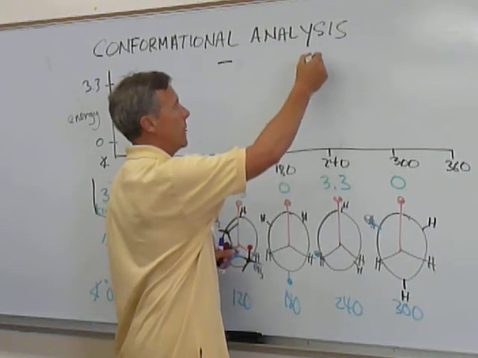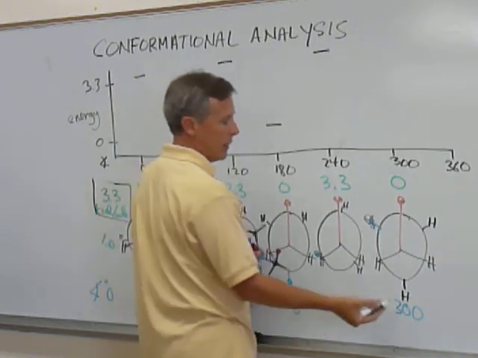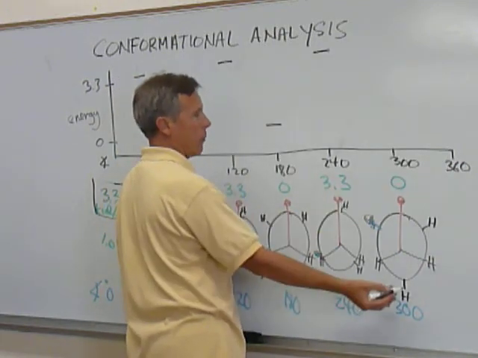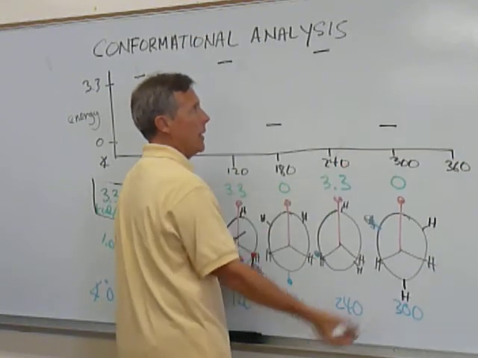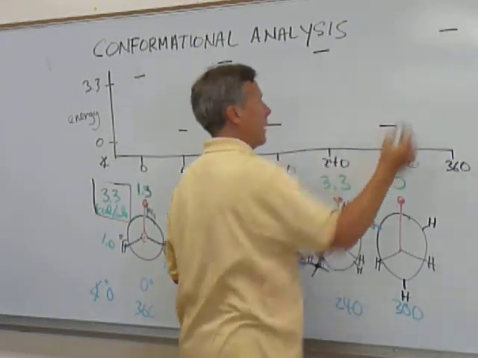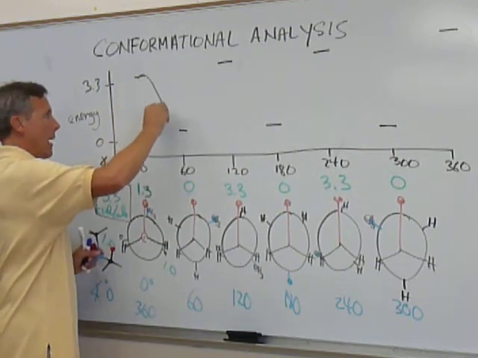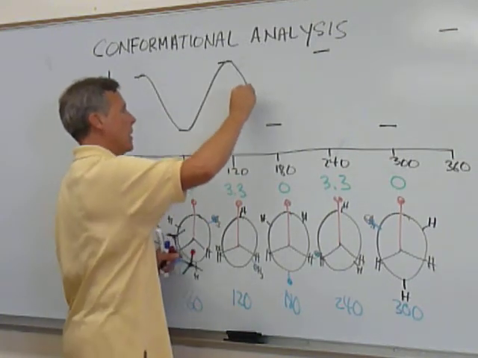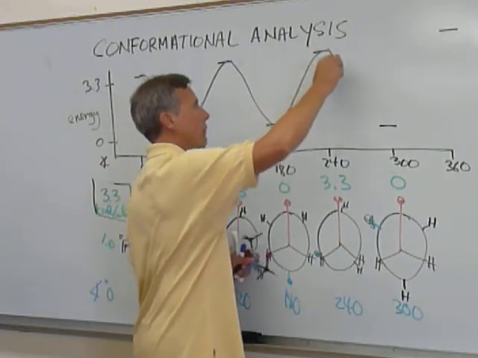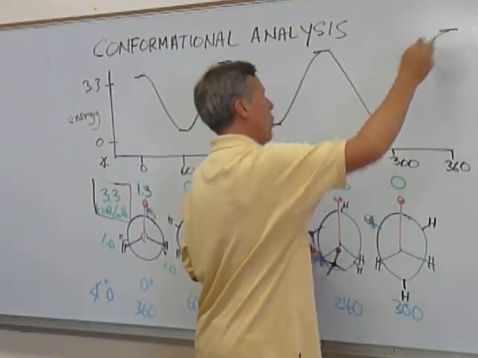Dihedral angle of 240, 3.3. Dihedral angle of 300, energy value of 0, and 360 being 3.3. And we can plot this out, and we have this potential energy profile for this conformational analysis in propane.